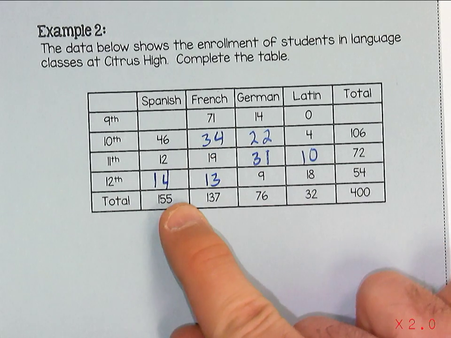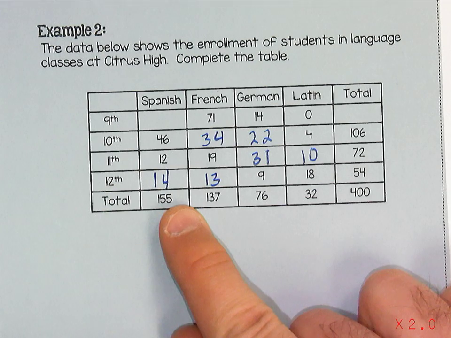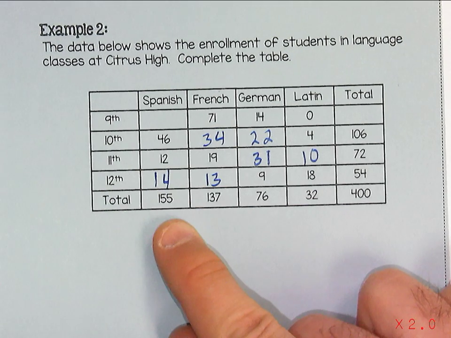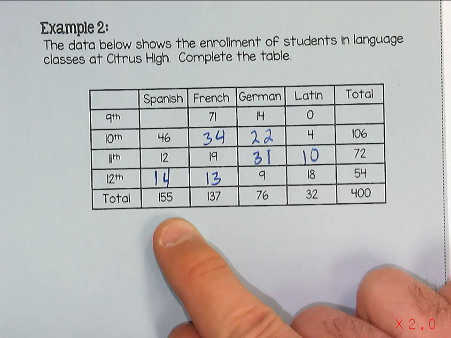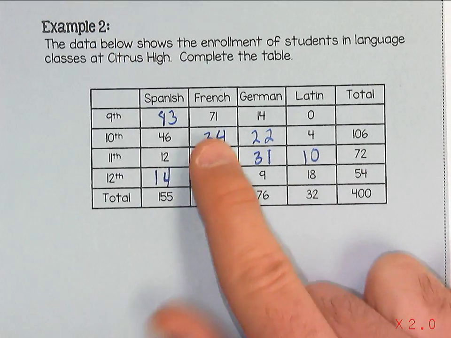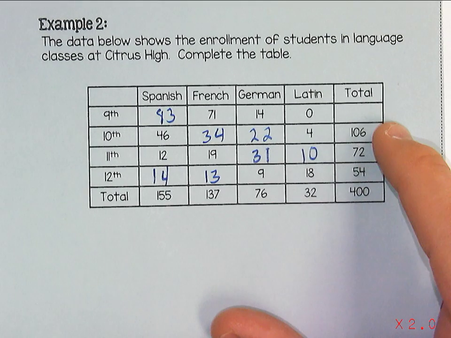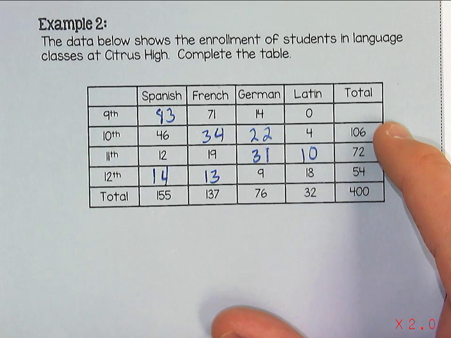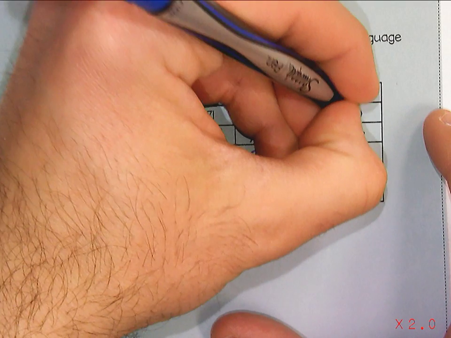Do the same thing here in the Spanish column. 46 plus 12 plus 14, 72. 155 minus 72 is 83. And now we can get the total across here for 9th, which would be 83 plus 71 plus 14. And 0 doesn't matter, so 168.